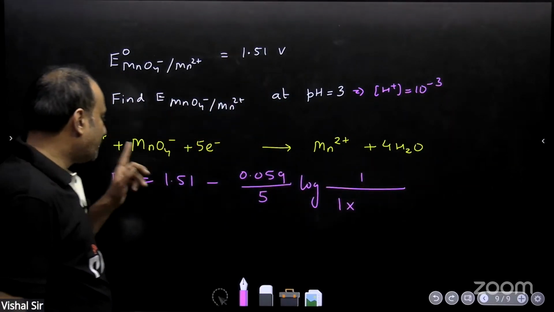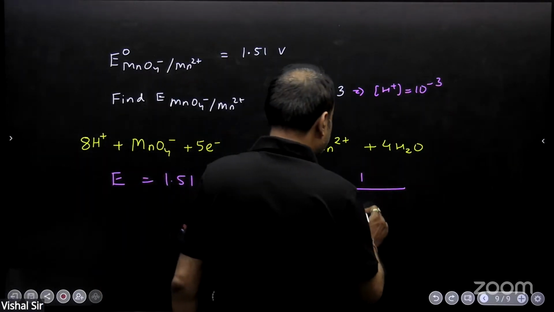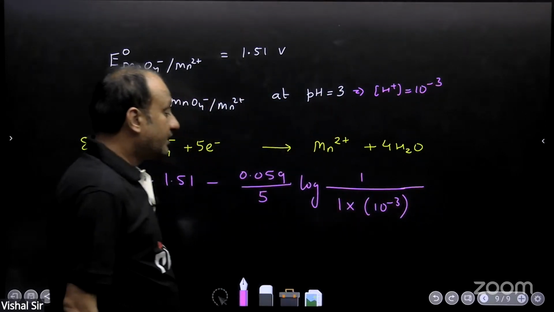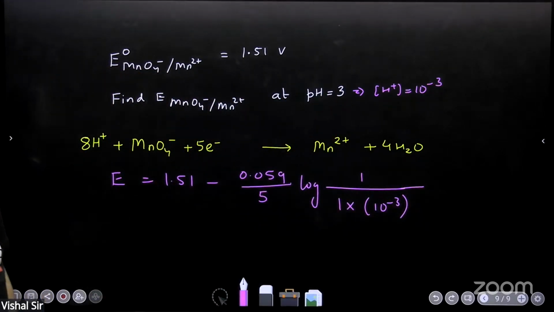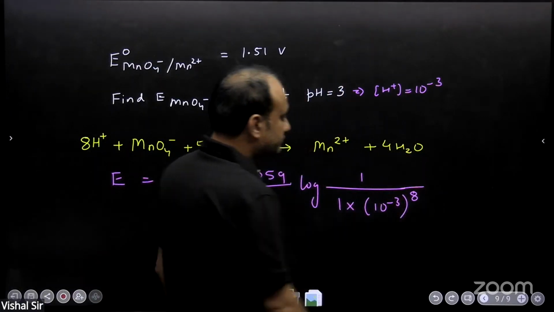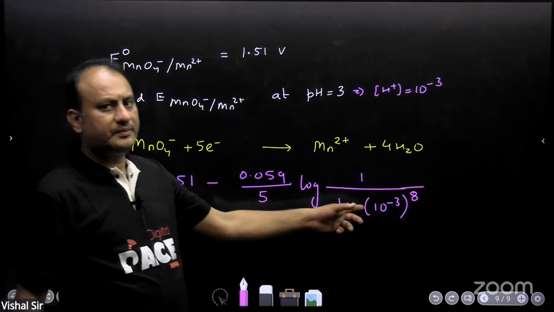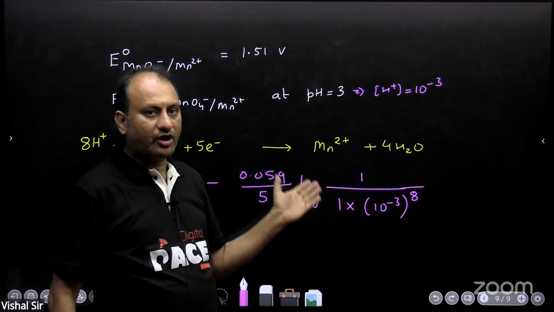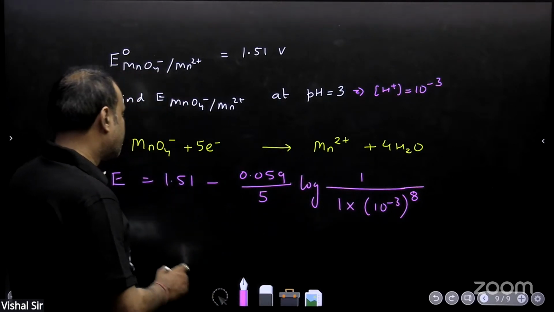So now if I put that molarity of H plus, 10 raised to -3, and the stoichiometric coefficient of H plus is 8, this will become 10 raised to -24. Hence this log will become +24.